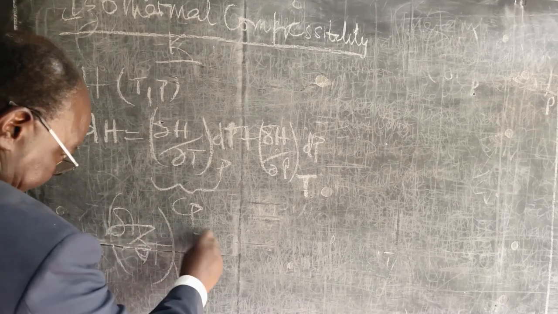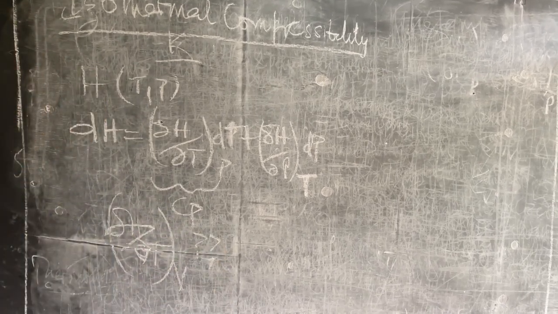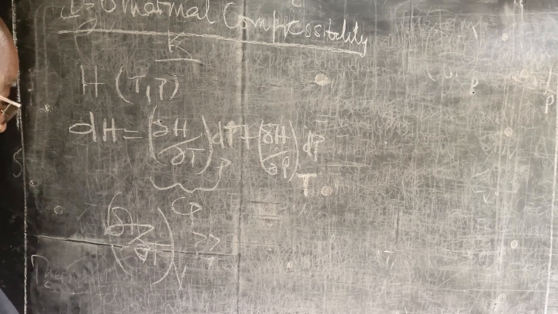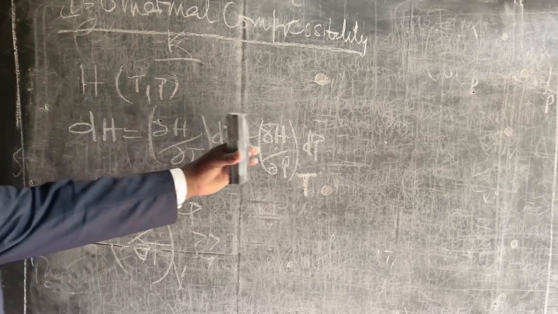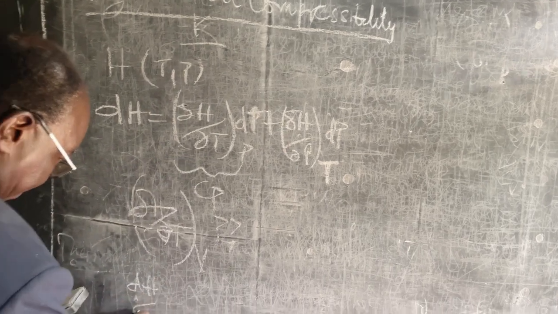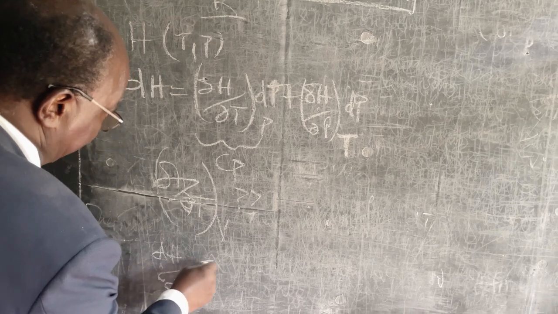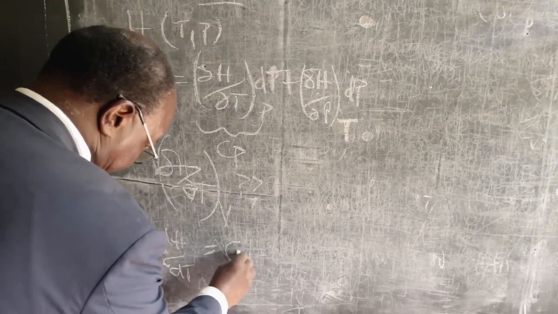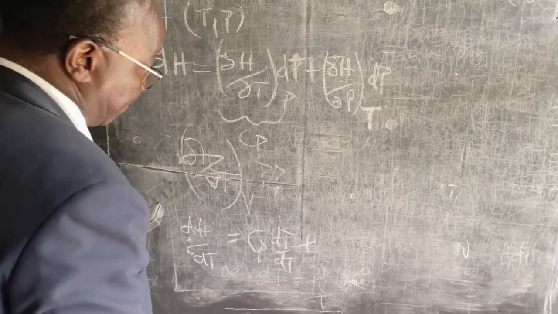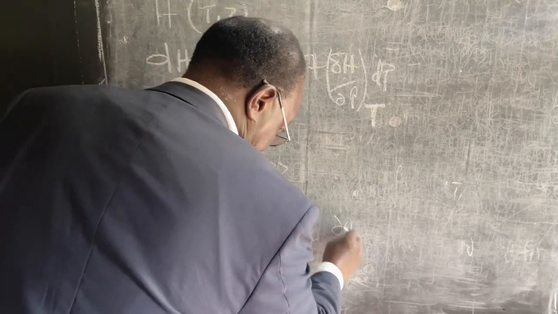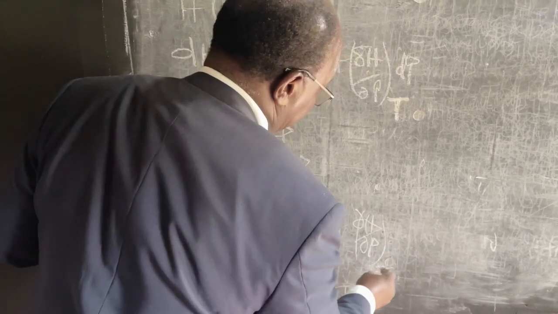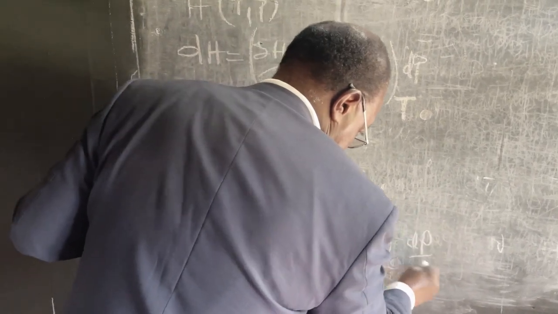then we can again repeat the same process like we did with the case of internal energy by simply dividing the expression by dT. If we divide by dT, we get dH/dT equals Cp dT/dT plus (∂H/∂P) at constant T dP/dT.